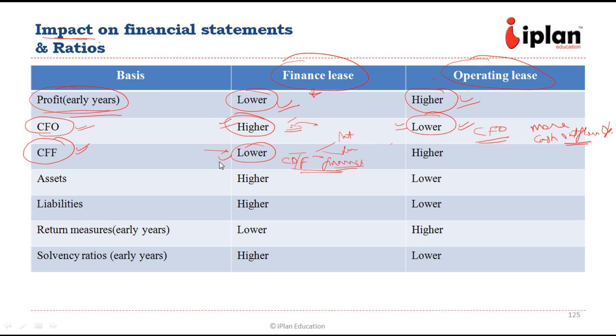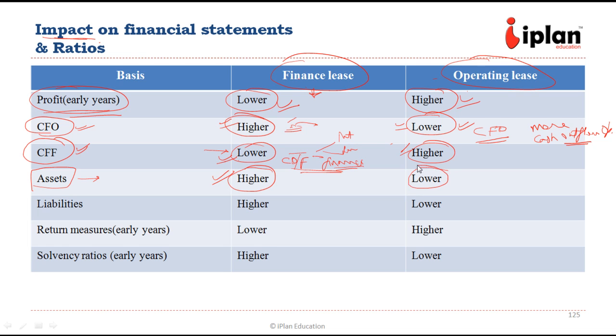But that will not be applicable in the case of operating lease, since the cash flow from financing activities is not affected. They are going to be higher than that in finance lease. Now let us look at the assets. Since in finance lease the assets are entered on the balance sheet, the value of assets is going to be higher than operating lease.